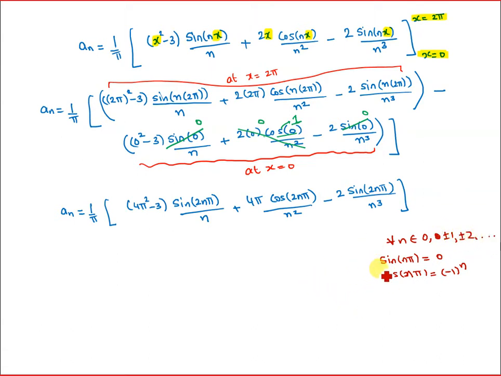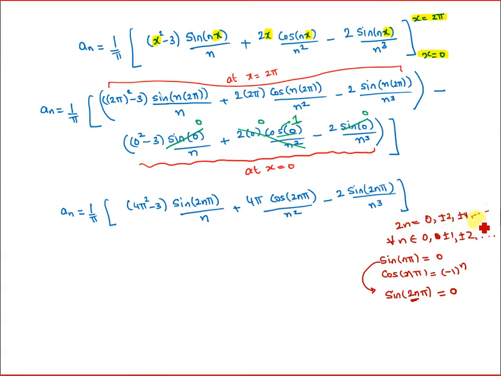If it is sine of 2n pi, this is again 0, because 2n will be 0, plus minus 2, plus minus 4 and so on, meaning it's multiplied with 2.